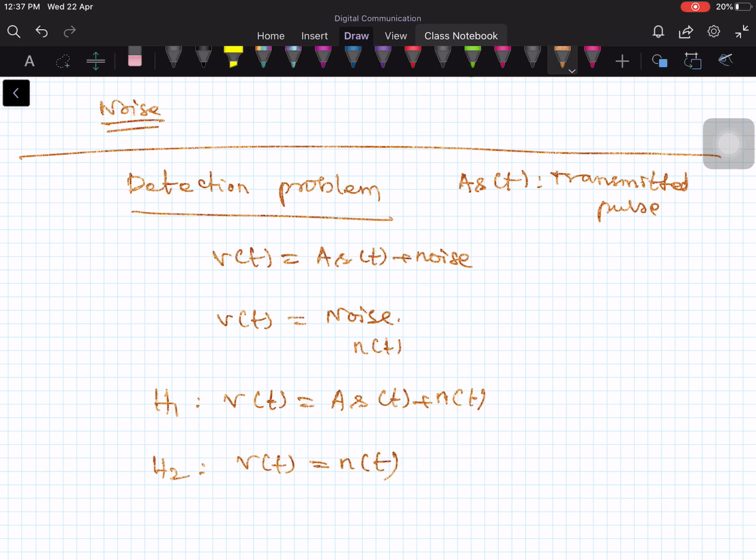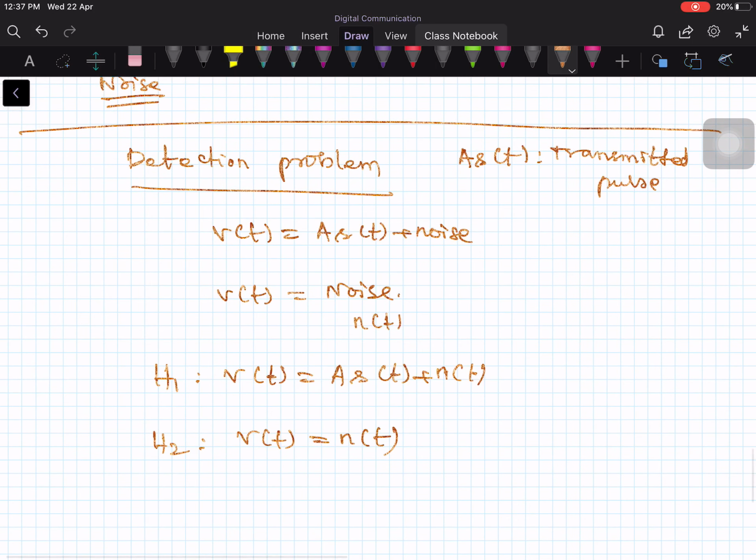Under hypothesis H1, our received signal V of t consists of the transmitted pulse A times S of t plus the noise N of t. Under hypothesis H2, the received signal V of t consists only of noise. So in front of us we have two hypotheses, and we need to say which hypothesis is true.